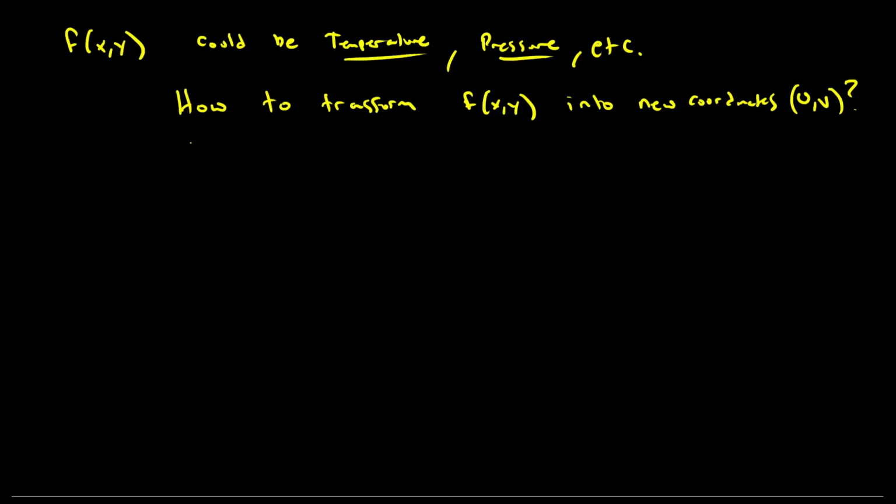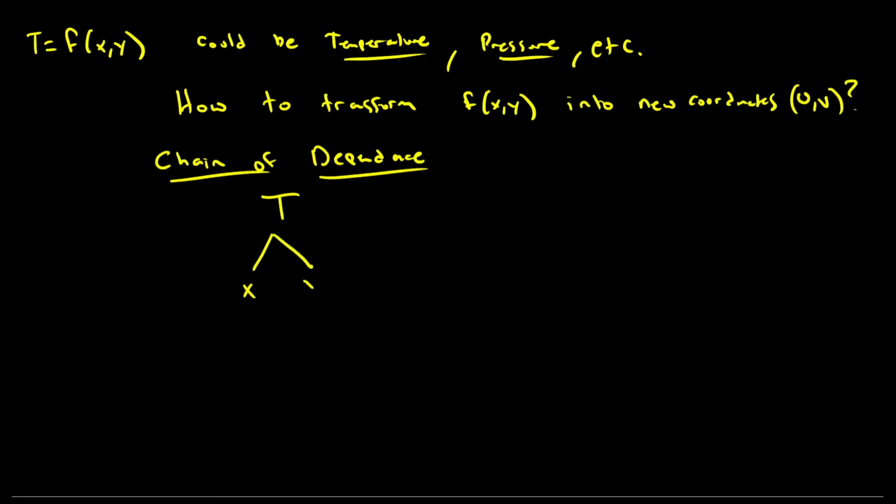And the idea is that we have a chain of dependence that we have to think about here, because if f is just, for instance, the temperature, say, at a point x, y in Cartesian coordinates, the chain of dependence here is going to be that the temperature depends on x and y, and these two variables, x and y, in new coordinates u and v, both depend on u and on v.